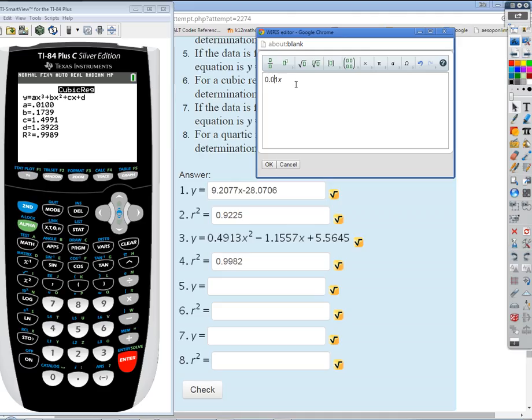There we go. x cubed plus 0.1, what is it, 39 x squared plus 1.4991 x plus 1.3923.